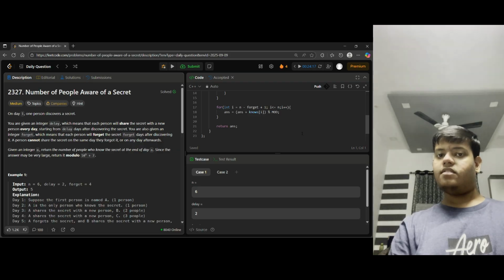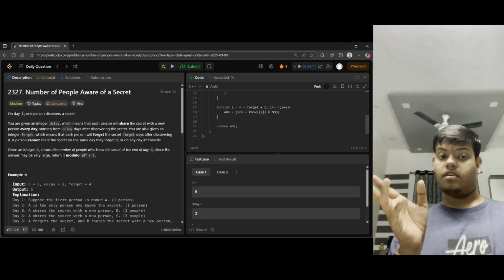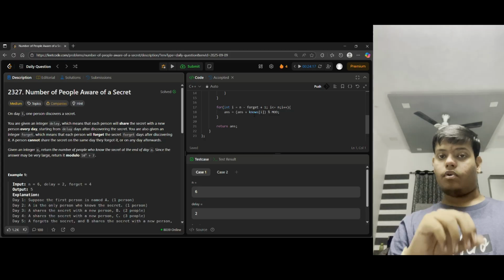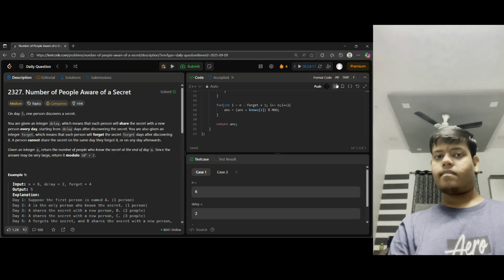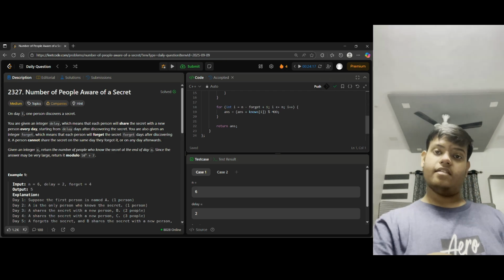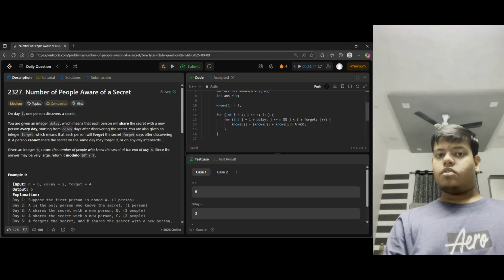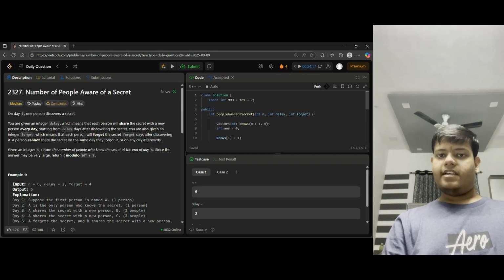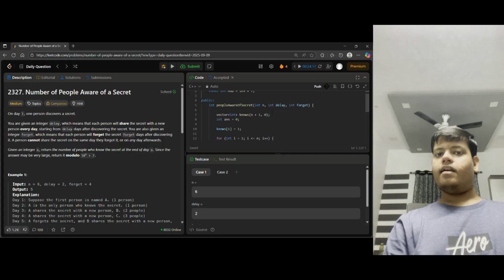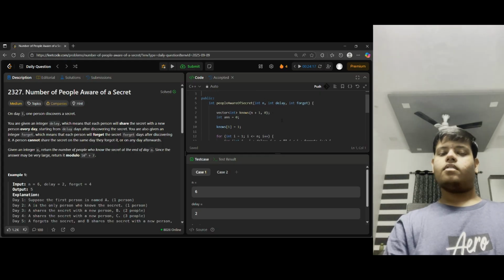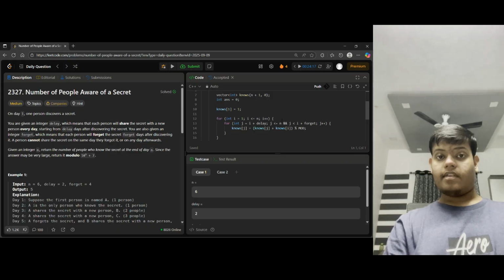So we are just calculating the sum of the last forget elements, and we simply return the answer. The space complexity is order of n, and the time complexity is order of n square.